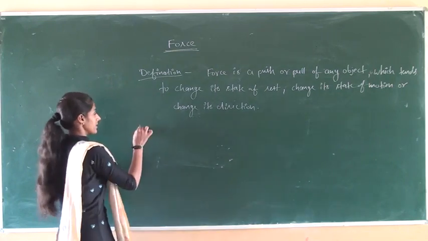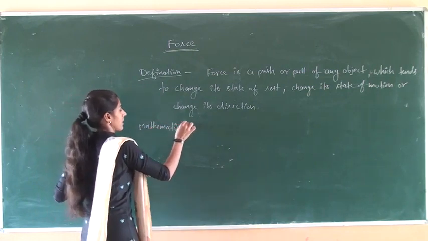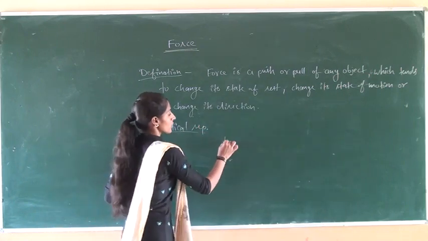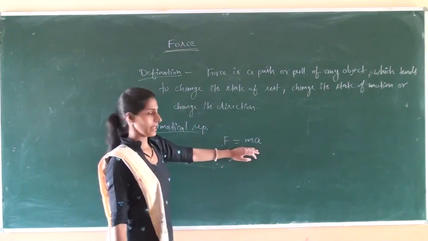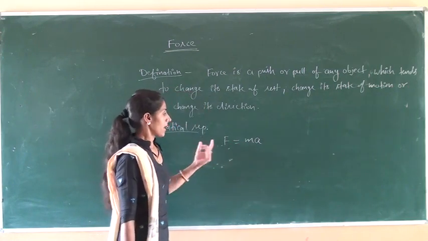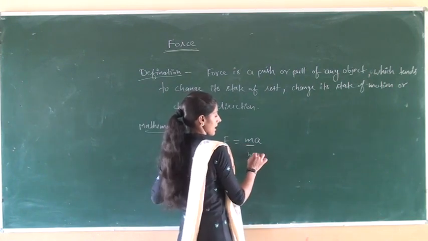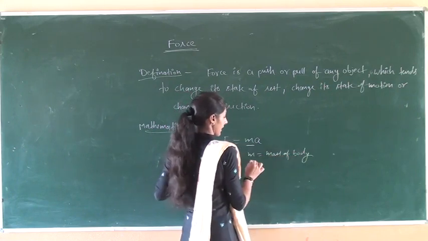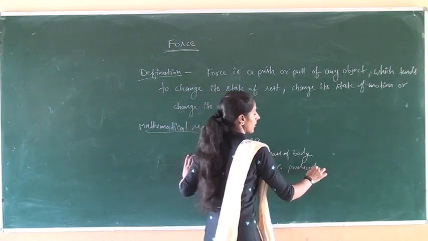Okay? After that, mathematical representation. What is the force? Force is the product of mass of the body and the acceleration produced by the body. Here m is the mass of the body and a is the acceleration produced by the body.